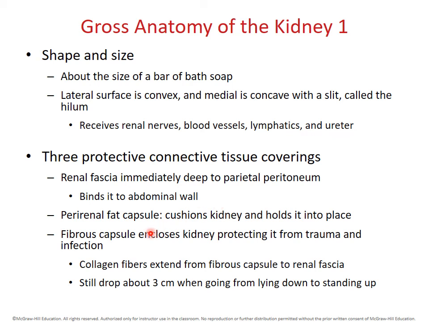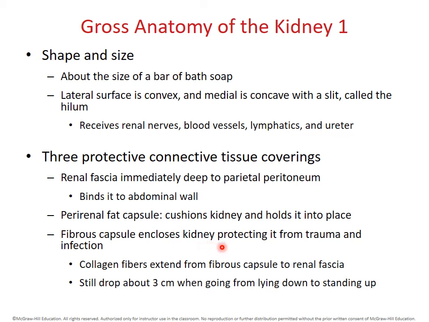The fibrous capsule is, you might consider, part of the kidney itself. It is right on the surface of the kidney. It is actually the surface layer of the kidney itself. As you see in the objective 14, it's like a cellophane wrapper around the kidney. It anchors at the hilum and then surrounds the rest of the kidney.